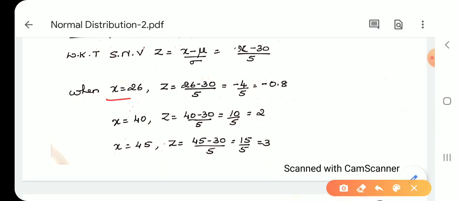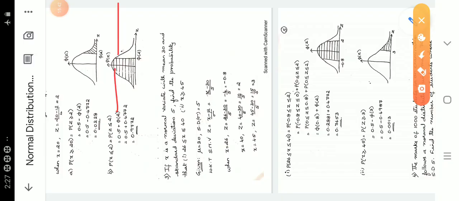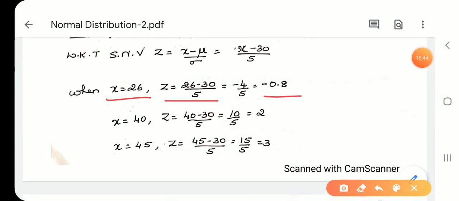When X is 26, Z becomes (26 − 30)/5, which is −0.8. When X is 40, Z = (40 − 30)/5, which is 2.